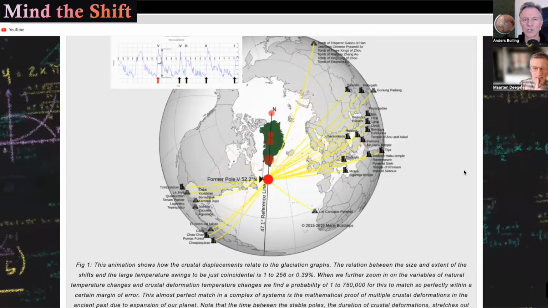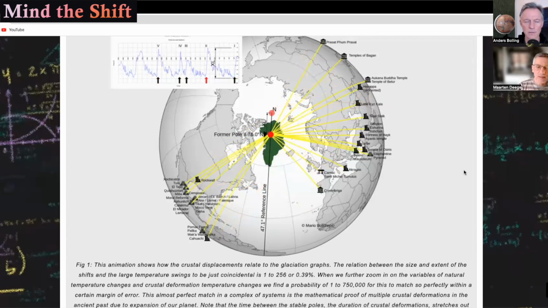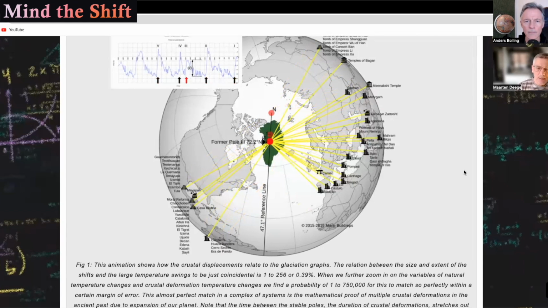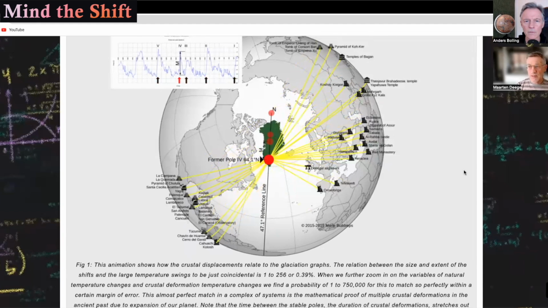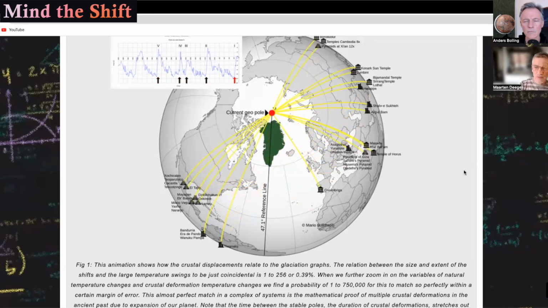And what does that graph show? It shows the recuperation of the biosphere after a crustal deformation.